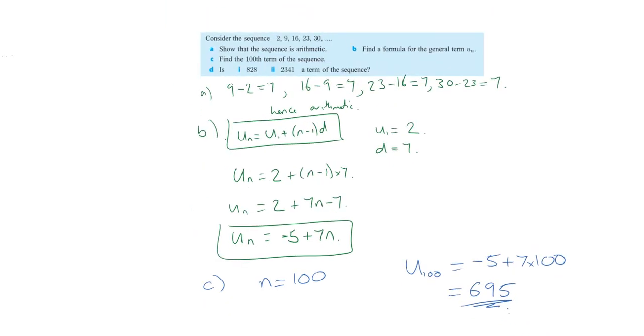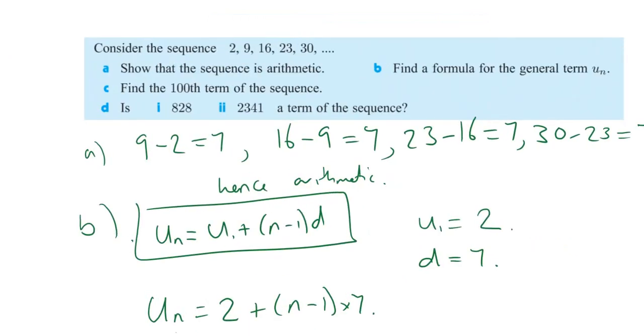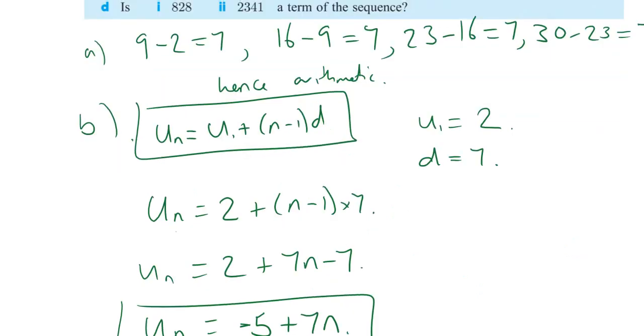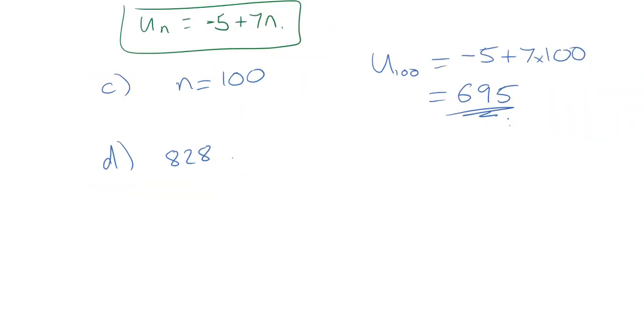Okay, final part of this. We've got to work out: is 828 part of our sequence, and is 2341 part of our sequence? Let's start with the 828. If it is, we'll be able to work out what term number it was. So let's say that Un is 828 and see if we can get a whole number value of n.